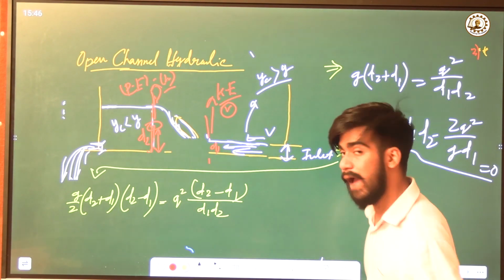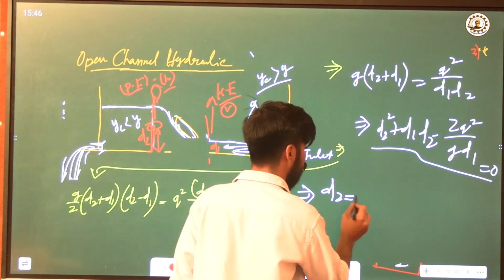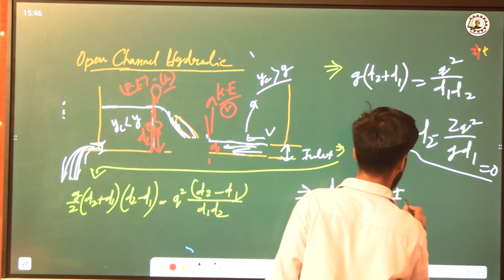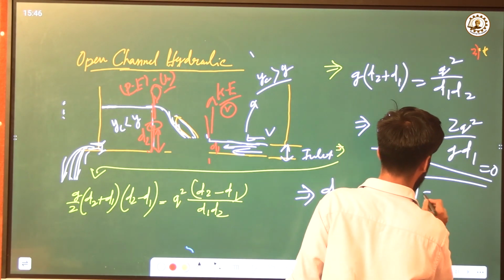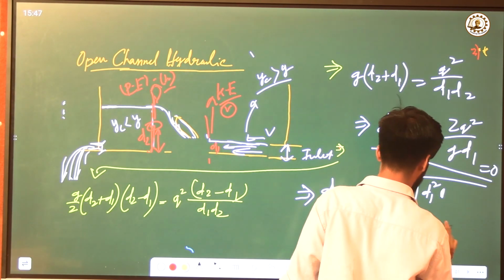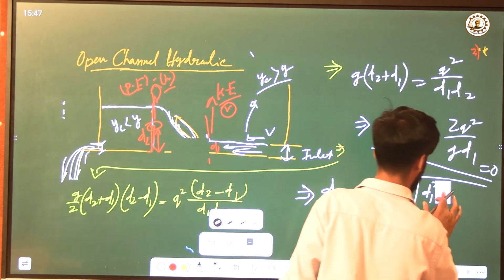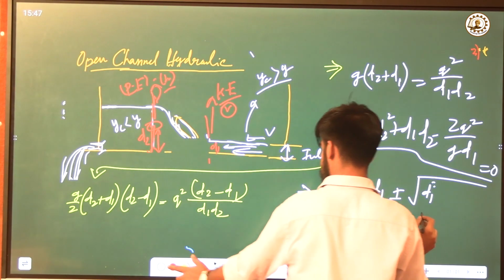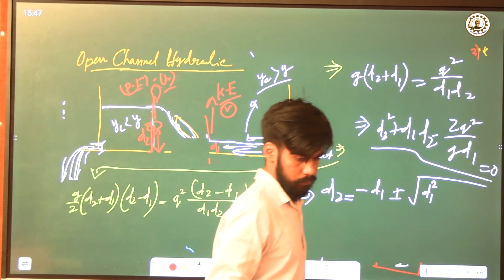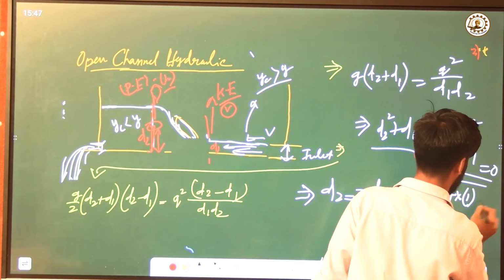Now according to the Sridhar Acharya equation, we can compute that d2 has two values: minus d1 plus or minus the square root of d1 squared minus 4 into a into c.